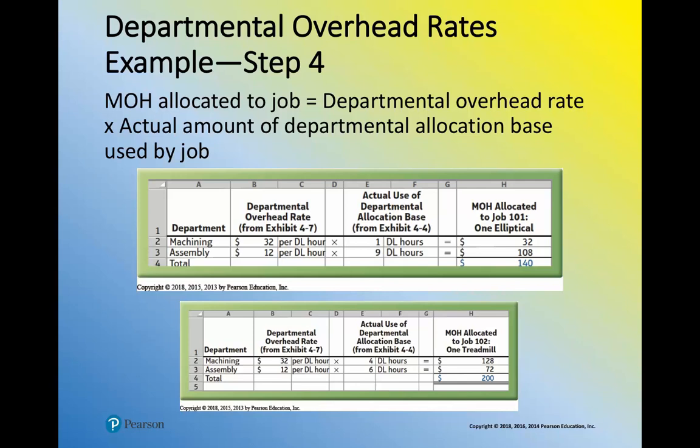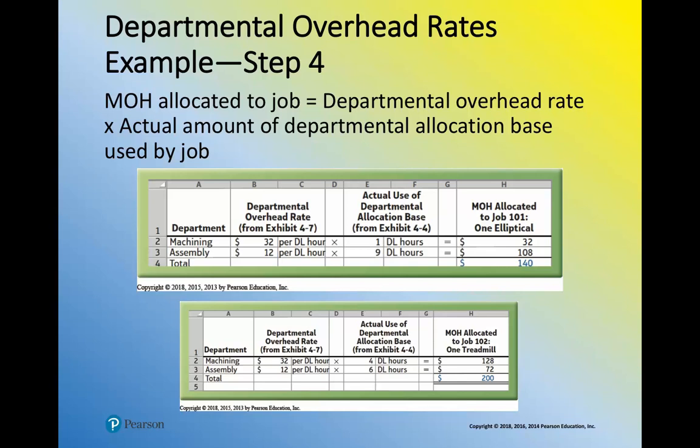The other 9 direct labor hours are only at $12 an hour because the assembly department uses fewer resources. So for one of the hours we're using more money versus the $16 under our predetermined overhead rate, but for the other 9 we're going to allocate less money, only $12, compared to our predetermined overhead rate.